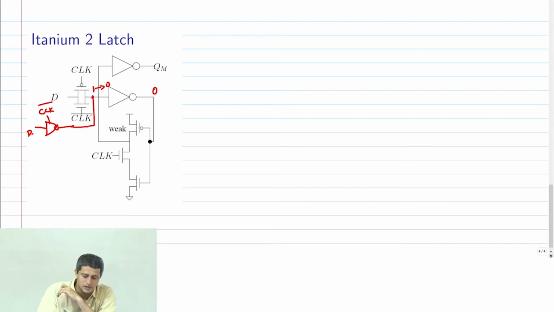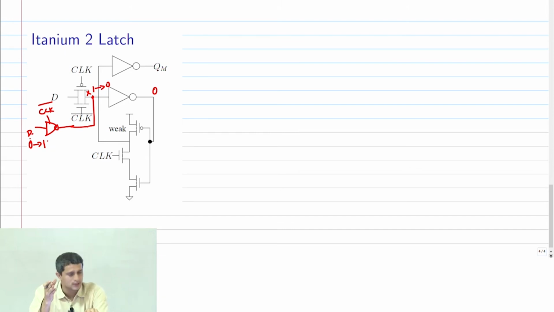No, initially this node X has a 1. I want to make it 0. Therefore, D has to go from 0 to 1. Okay, and clock also has to be enabled. Only then it can happen.